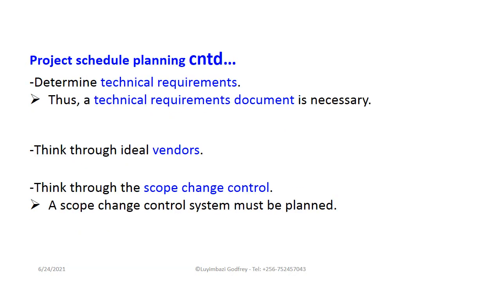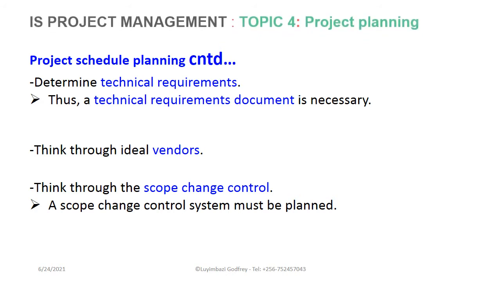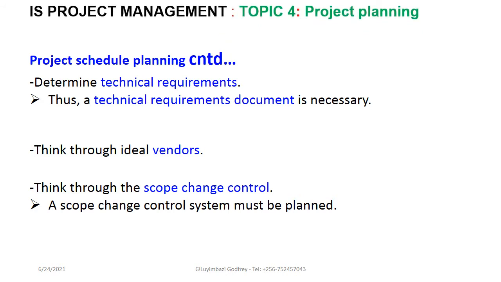In addition to that, we must determine the technical requirements. Sometimes we may have to think about the software that our information system is going to use. We must think about the hardware that we shall need to run our information system. So a technical requirements document is also necessary.